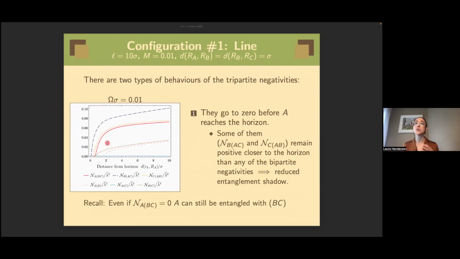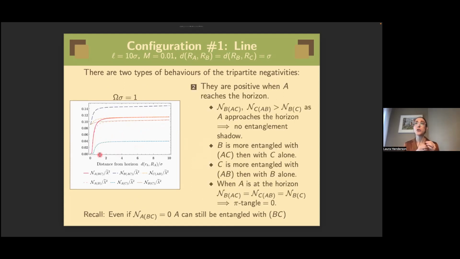So just to think of what's happening when you have this very small entanglement shadow, it looks like the tripartite negativities die off, they go to 0 much closer to the horizon than the bipartite negativities, and that's giving you the positive pi tangle.